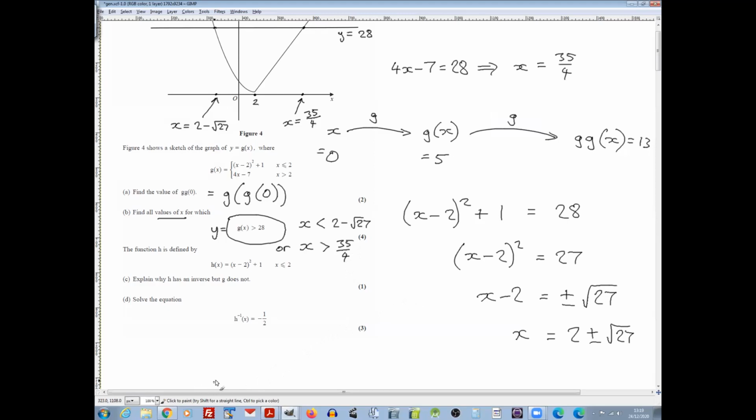Great. The function h is defined by the same quadratic for x values, again, less than 2. Is there no way of writing the answer to the previous question in one line? That's a good question, because it's tempting. If the x values were between those two values, we would join them together and say 2 minus root 27 is less than x, which in turn is less than the other.